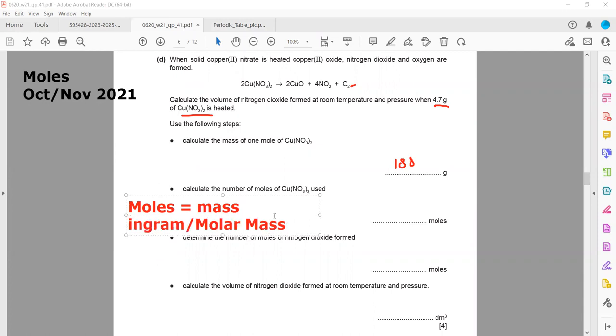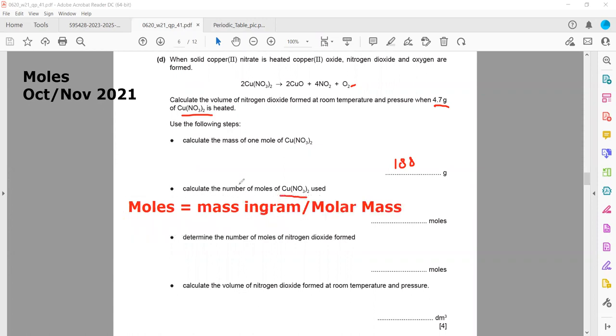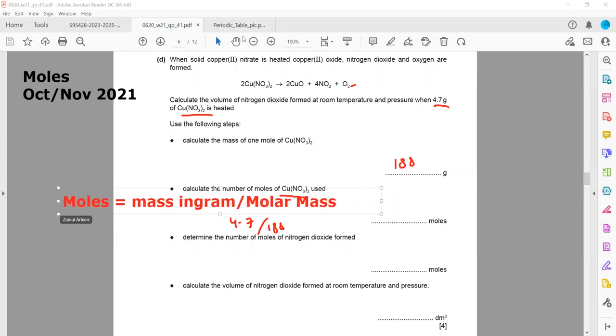Molar mass means mass of 1 mole. Mass in gram is 4.7 and the molar mass we already calculated, that was 188. So 4.7 divided by 188. What's the final answer? 0.025. So 0.025 moles are there for copper nitrate.